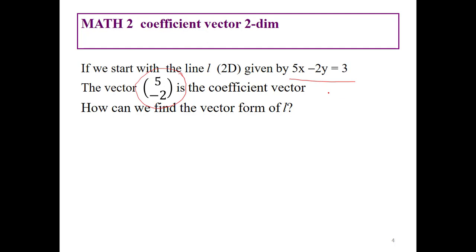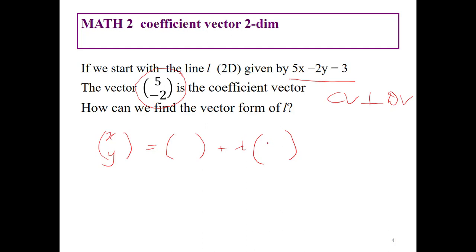And hopefully we remember that the coefficient vector is perpendicular to the direction vector. So how can we find the vector form of line L? Very straightforward. We just need one starting point and then a direction vector which is perpendicular to the coefficient vector.